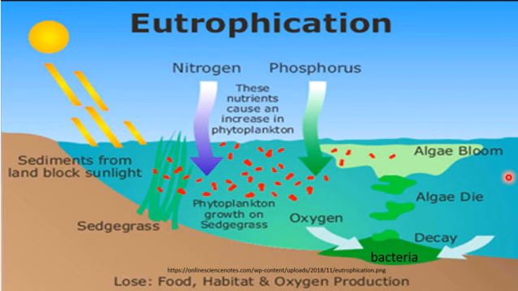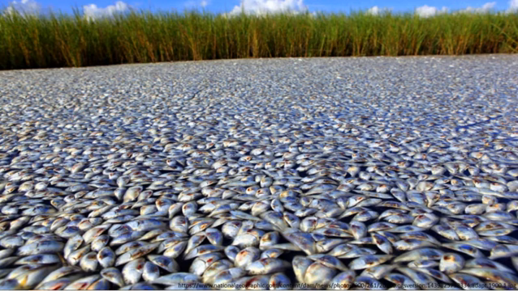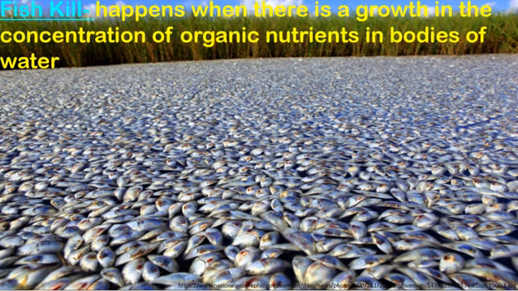Another impact is the mass death of fish, or in other words, the fish kill. Are you familiar with fish kill? Fish kill takes place when there is a growth in the concentration of organic nutrients in the bodies of water. Have you seen such a scenario or event in your area? How did this happen?